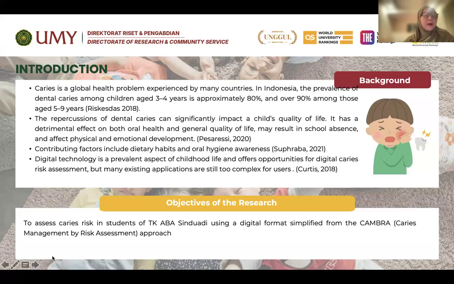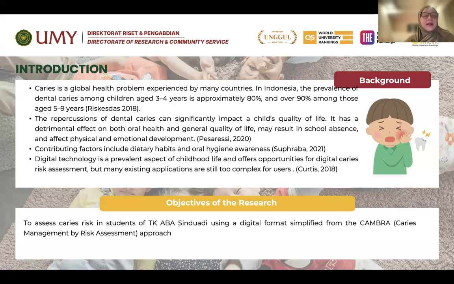To overcome this problem, we try to find tools called caries risk assessment tools, where caries risk is very essential to identify in the previous step.